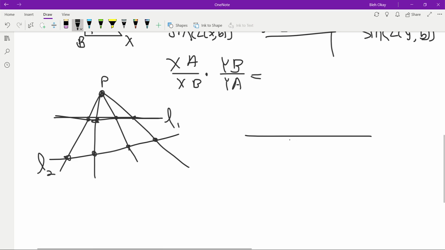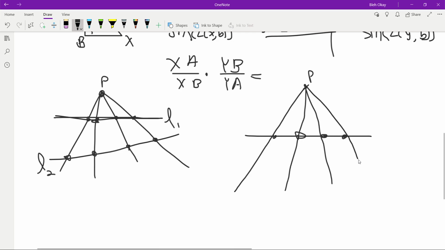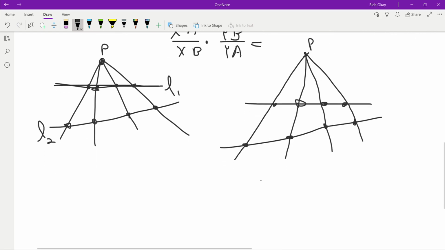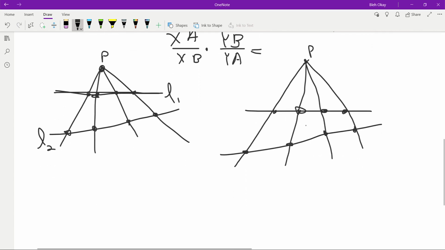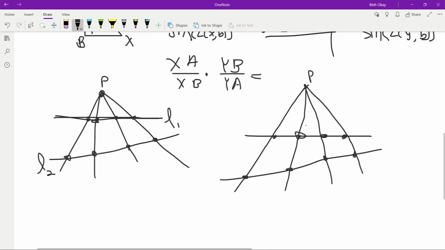So we have our line, we have our 4 points, and a point not on that line, and we can project through P to all of these points, and then draw another line, and we have the exact same cross ratio. In other words, the cross ratio is invariant under these projections, and we will see that this is very useful for us in projective geometry.